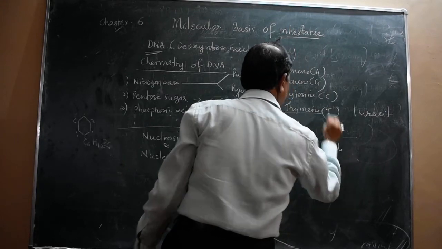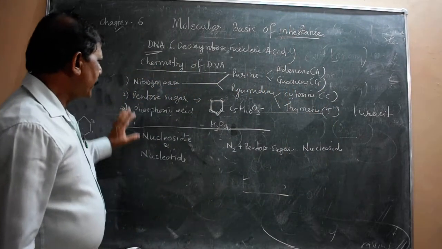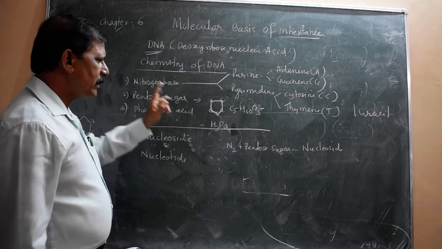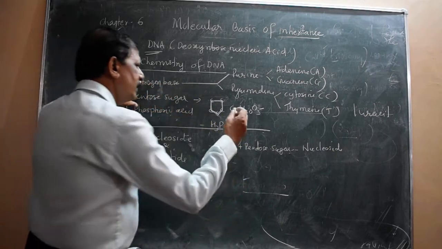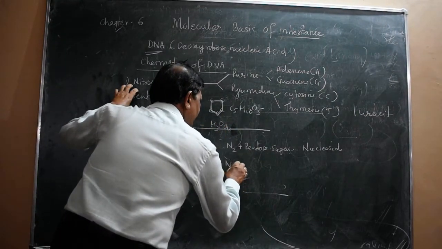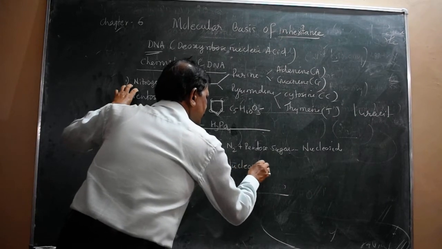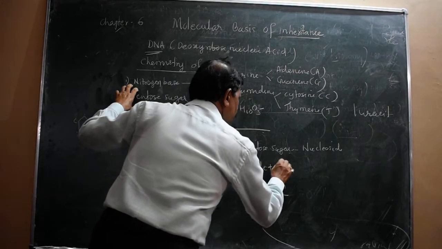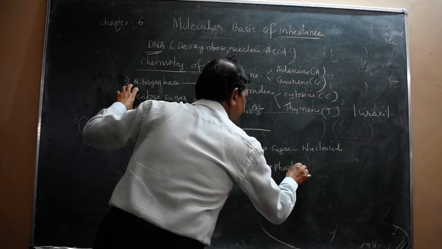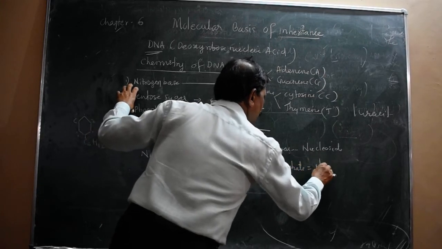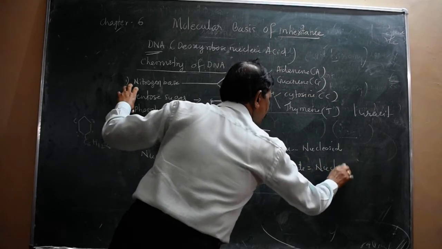I think you understood. If there is only nitrogen base and pentose sugar, it is called a nucleoside. If a DNA molecule has nucleoside plus phosphate present, then it is called a nucleotide.